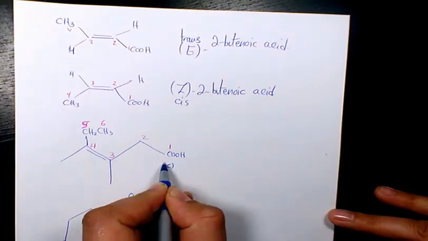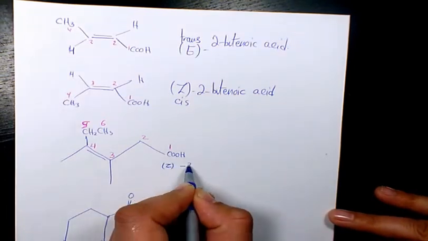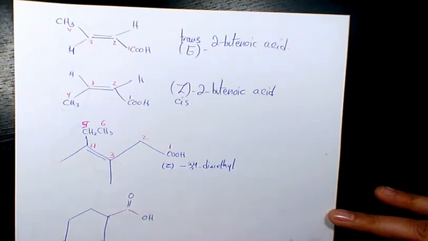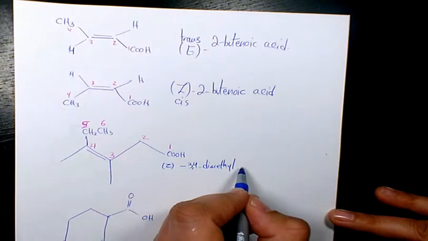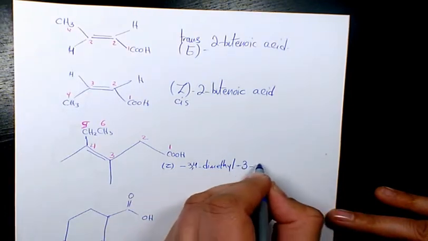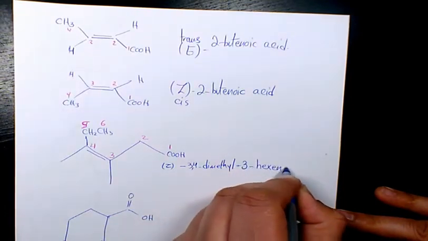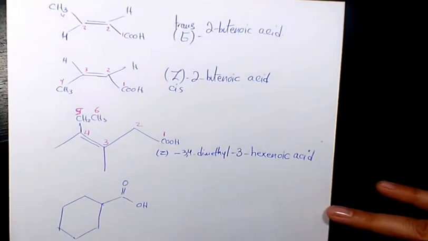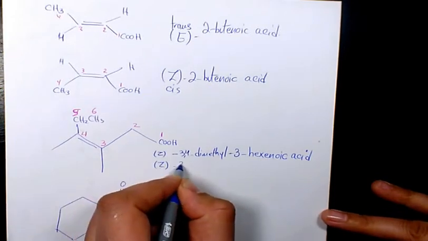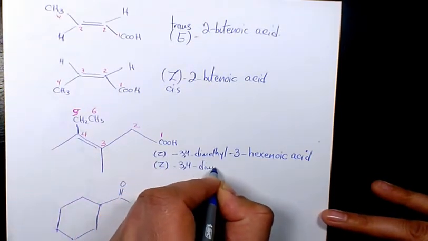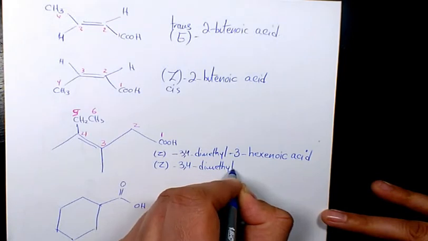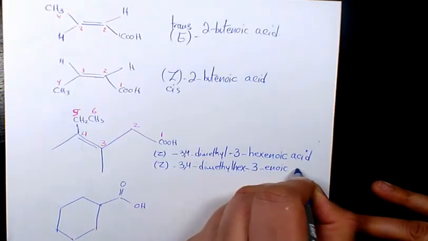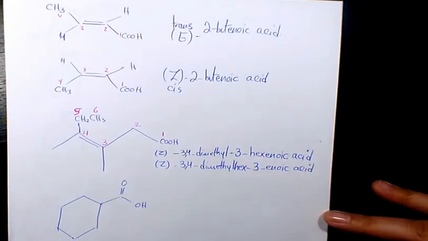So we have Z-3,4-dimethyl 3-hexenoic acid, or you can say Z-3,4-dimethyl hex-3-enoic acid, or you can call it cis.